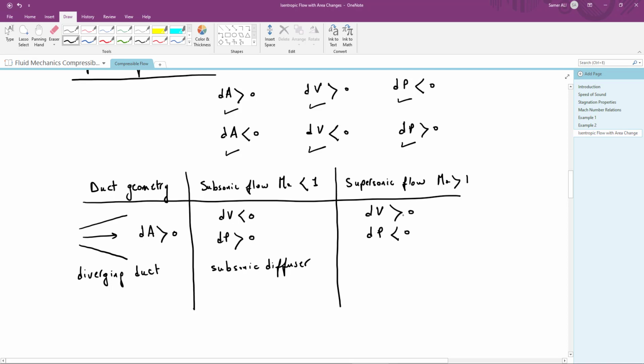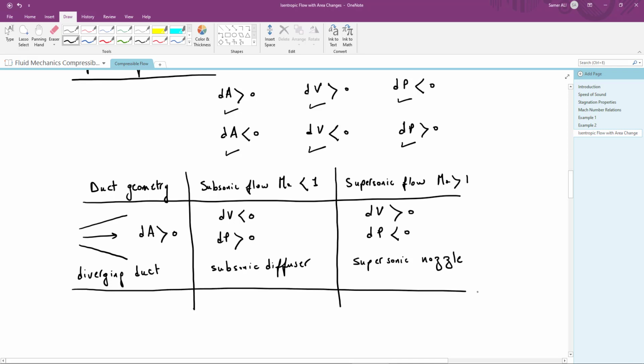So in the case of acceleration, we call this geometry a nozzle. So in the case of supersonic flow, we call it a supersonic nozzle. So when we see the word nozzle, we mean acceleration or an increase in the velocity of the fluid.